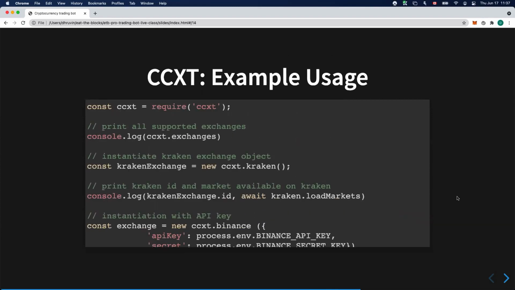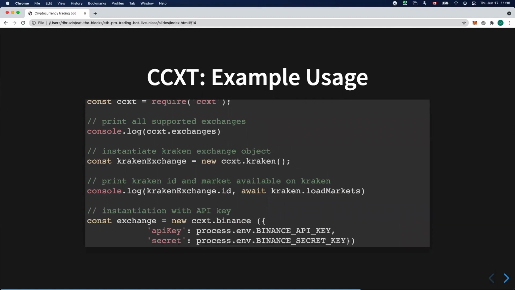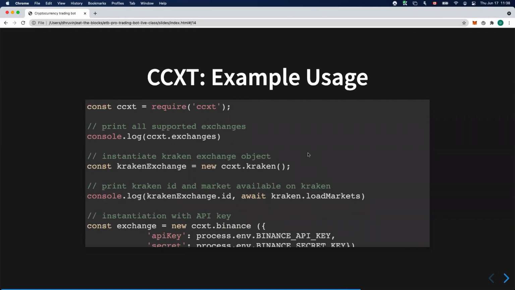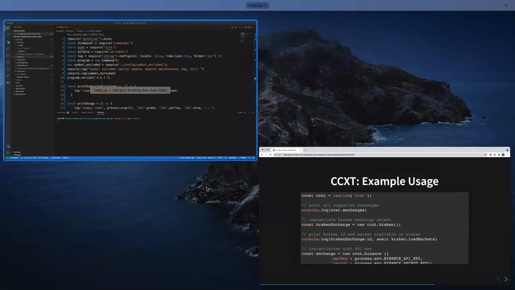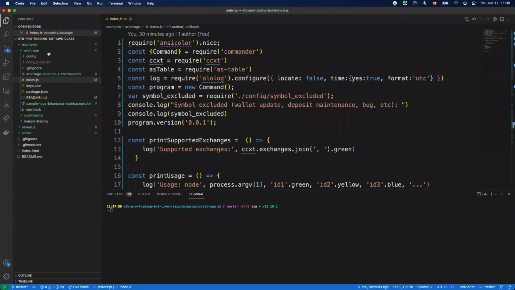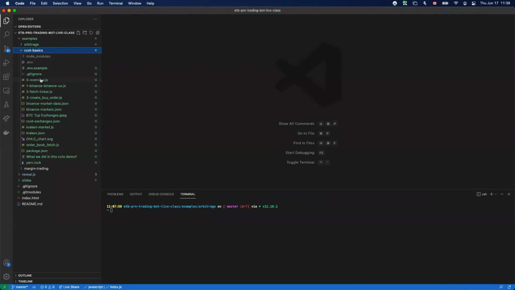Okay, so this is a simple usage of CCXT. Let's take a look at the basics of CCXT. I'm going to quickly change my screen and open up CCXT basics.